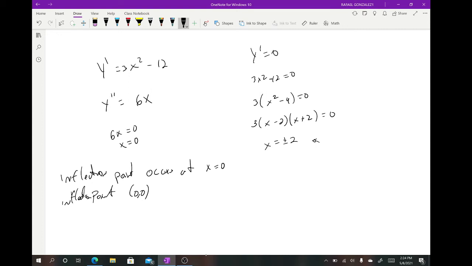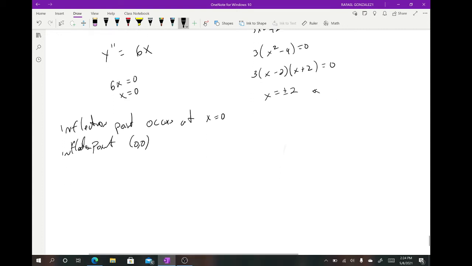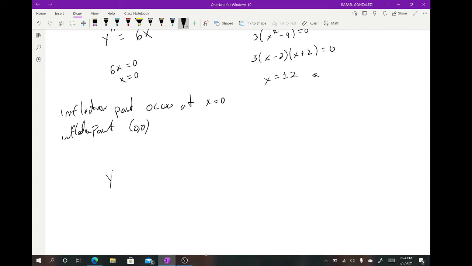Now, to find whether the function is concave up or down, we take the second derivative, which is equal to this 6x, and we plug in the critical value. So we have one critical value, which is -2, and the other one, which is 2.